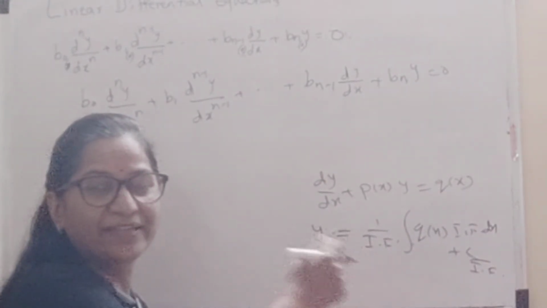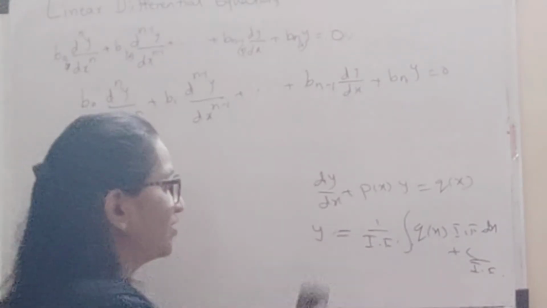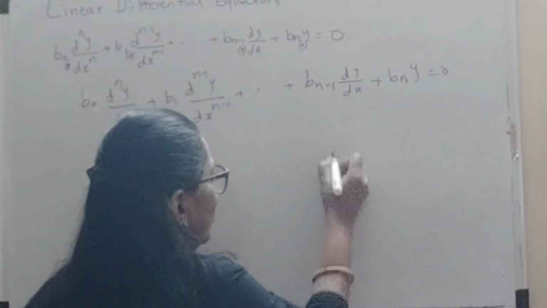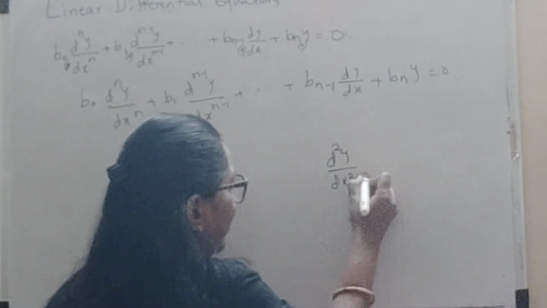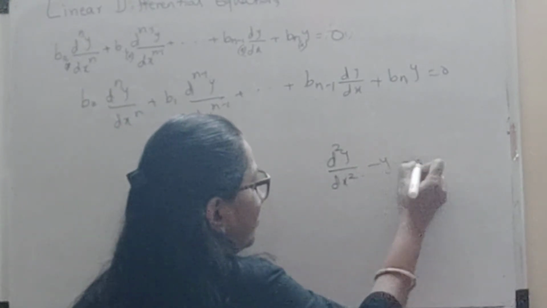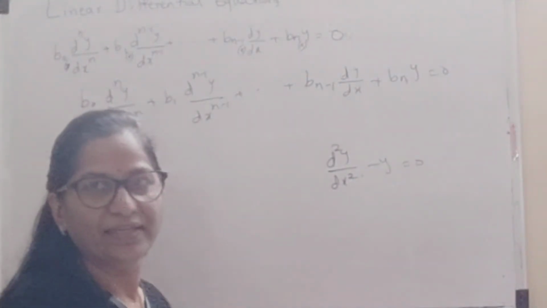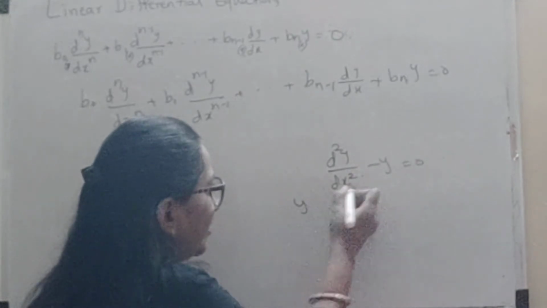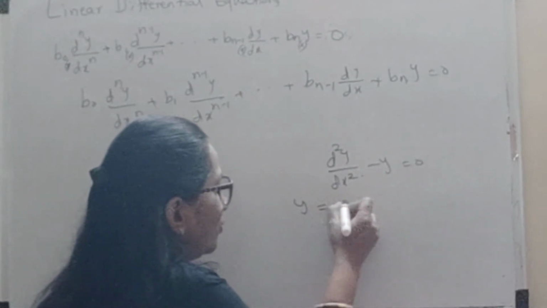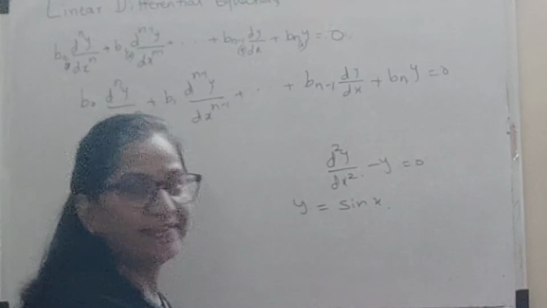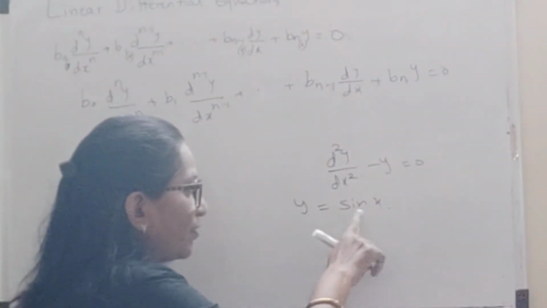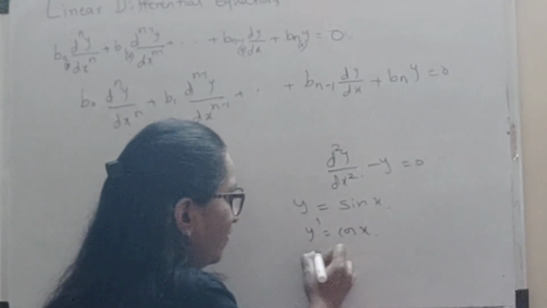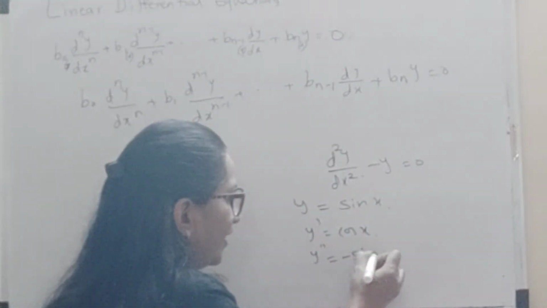Similarly, suppose we have a second order differential equation. Take a simple example: d2y by dx square plus y is equal to 0. How many solutions are possible? Suppose I choose y is equal to sin x. Then the first order derivative y prime is cos x and y double prime is minus sin x.